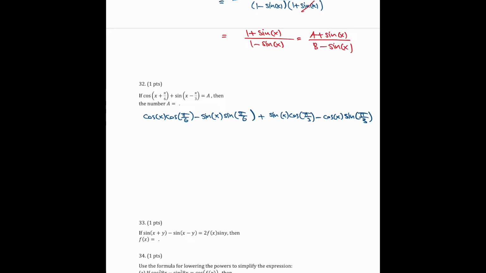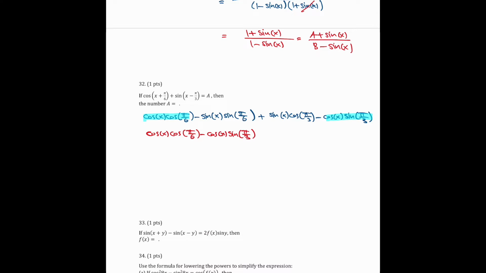Now, we know that pi over 6 and pi over 3 complement each other. So I am going to combine sine terms together and cosine terms together first. So here is a cosine term with a cosine term. If I grab them together, I will have cosine x cosine pi over 6 minus cosine x sine pi over 3.